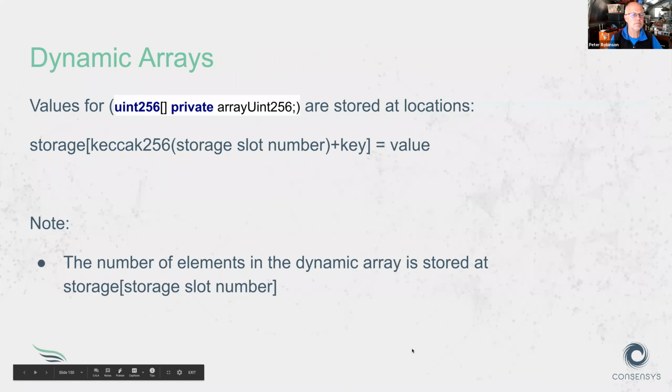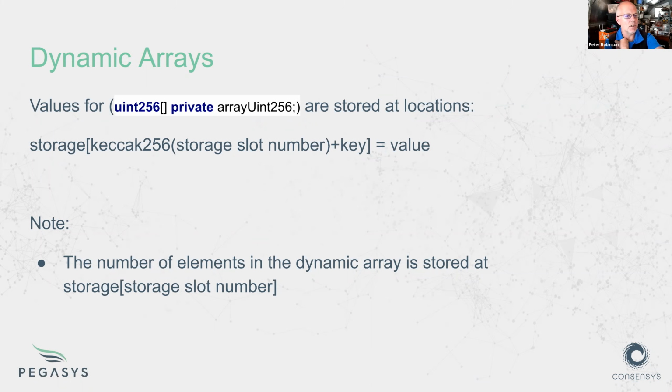The values for an array are stored at a memory location given by the message digest of the storage slot number plus the offset. I say key, but it's really the offset in the array, and you store the value into that offset.